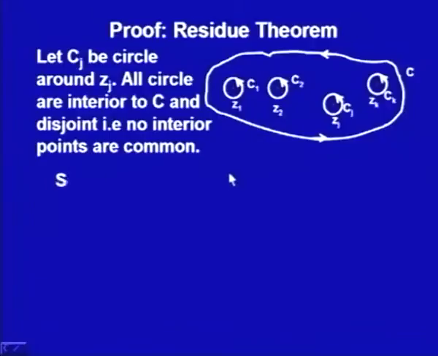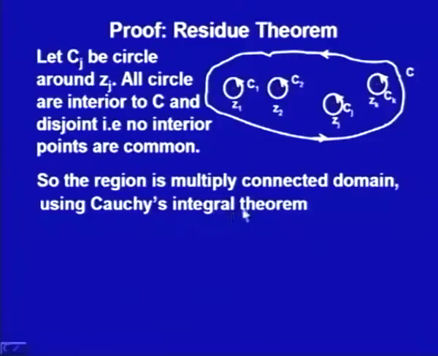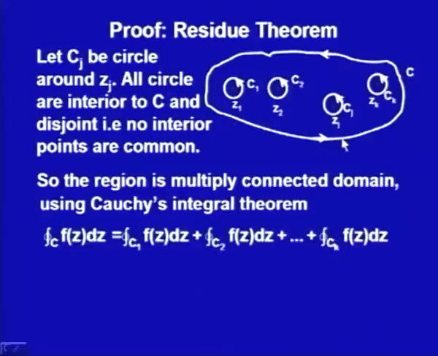So, let us use it. The region is multiply connected, so we use the Cauchy integral theorem for multiply connected domain, which says that the integral of an analytic function along the boundary must be 0. For a multiply connected domain, the boundaries inside we have to take in the negative sense. In other words we write that the integral of f along this contour C, that is the outer boundary, should be the same as the summation of the integrals of f on the inner boundaries.